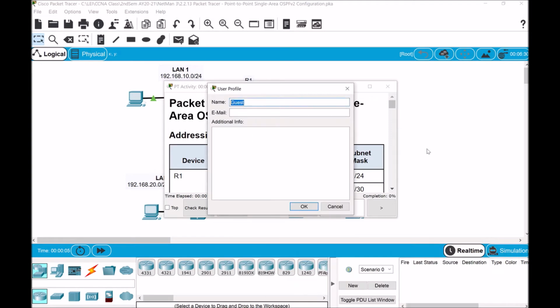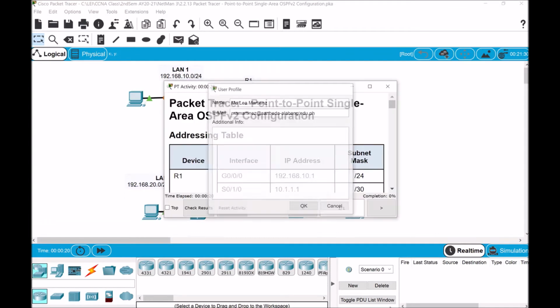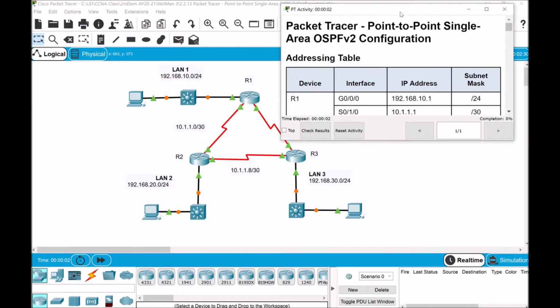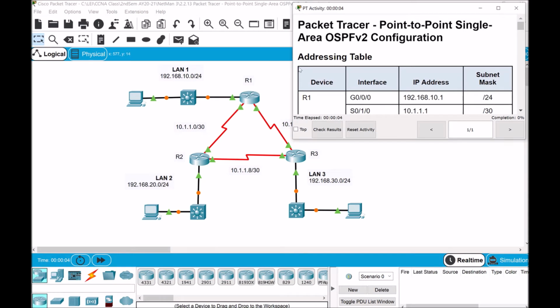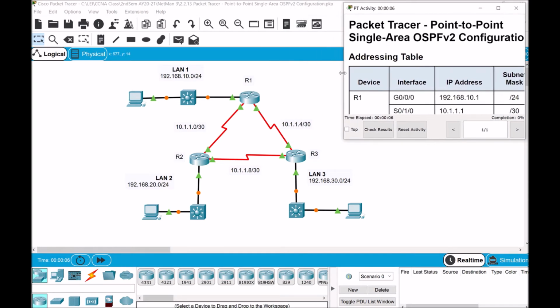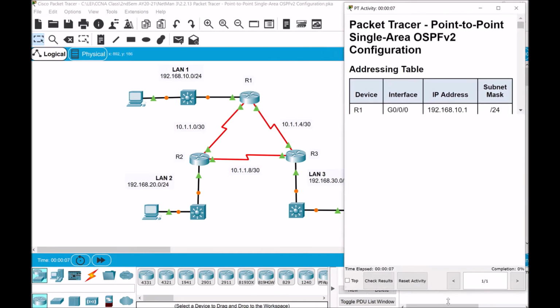Of course, don't forget to log in with your profile. Alright, so let me just put this instruction aside on this side of our screen.